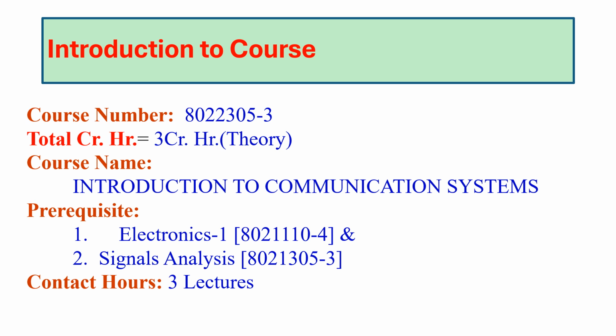Another prerequisite is Signal Analysis, which familiarizes you with signal fundamental characteristics, their processing, and mathematical models for their analysis. I believe that you have already completed these two prerequisite courses. Otherwise, you will suffer some problems later on.